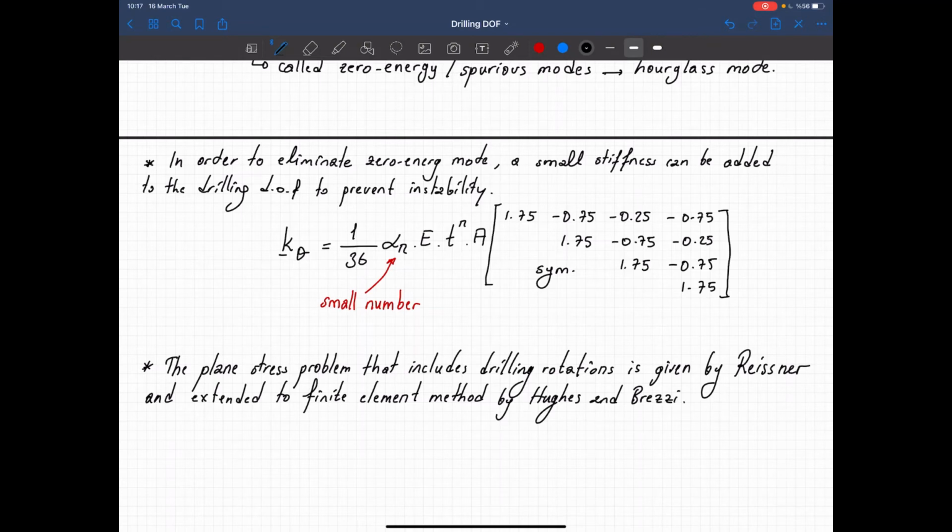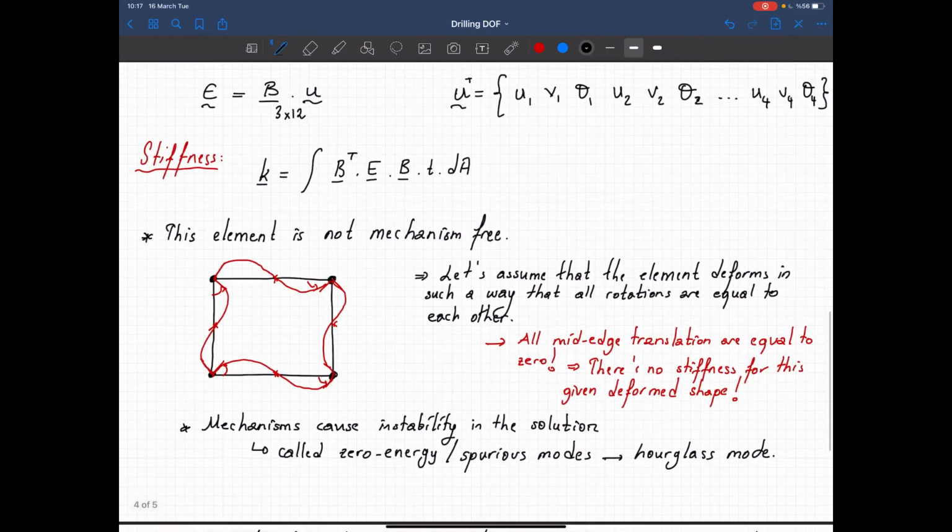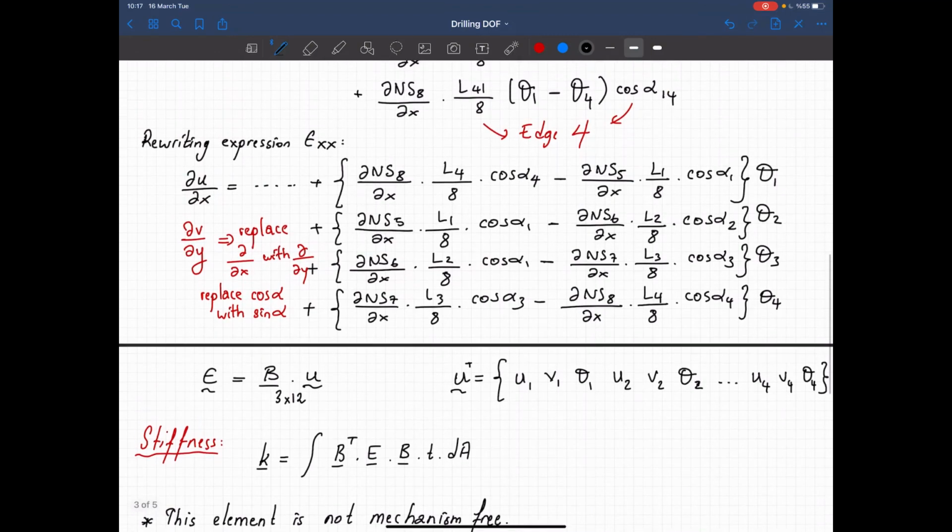So I will put the paper of Hughes and Brezzi. You can just take a look at it. It's not easy to understand, but it proposes a different way of stabilizing that element. So that's mainly it about this element. So let's take a look at how we can implement this.